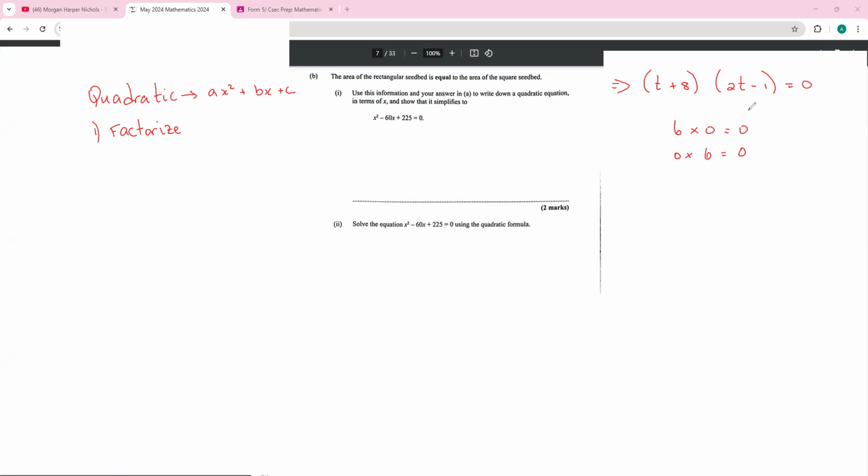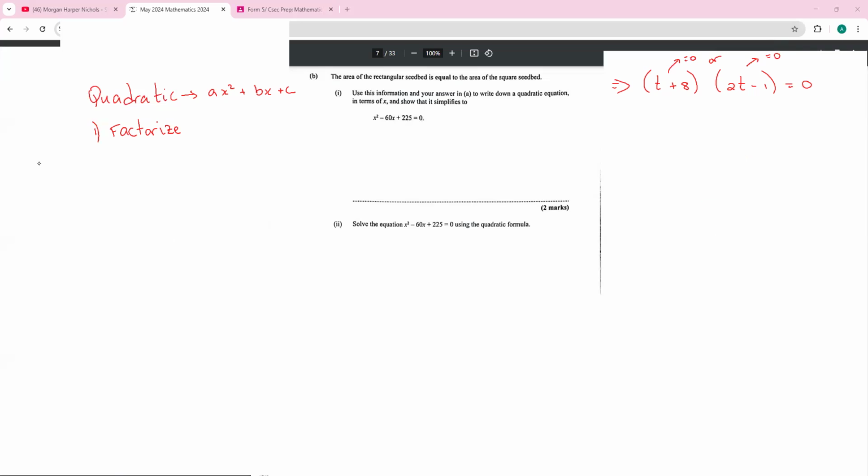With this fact, this means that either this is equal to 0 or this is equal to 0. So what we do is we work both of them.